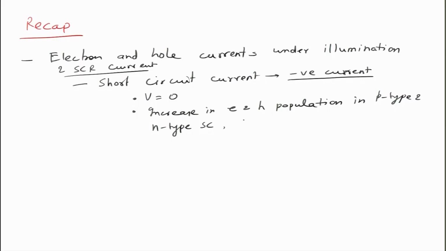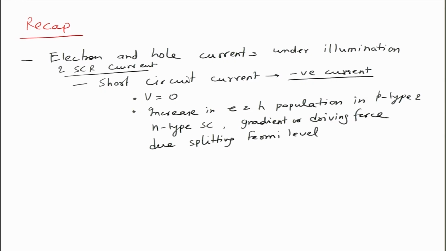you have a gradient, or driving force, due to splitting of Fermi levels. The electron Fermi level rises above the electron Fermi level in the n side.